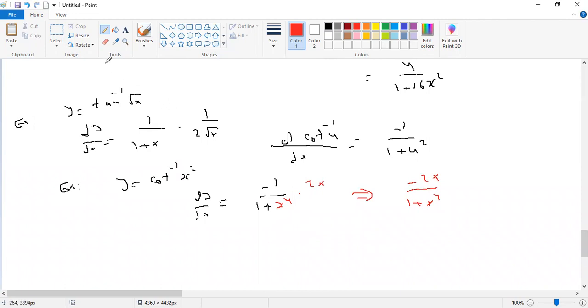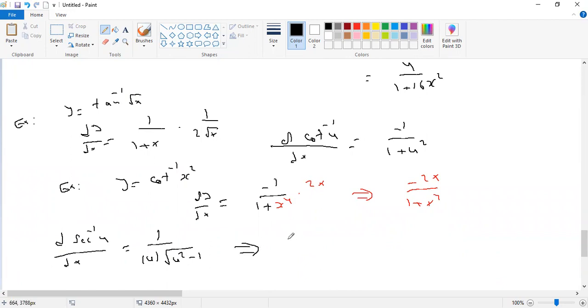And what about the secant now? The derivative of the secant inverse. The derivative of secant inverse of u with respect to x equals 1 over the absolute value of u multiplied by the square root of u squared minus 1.